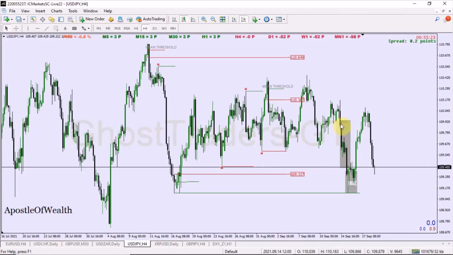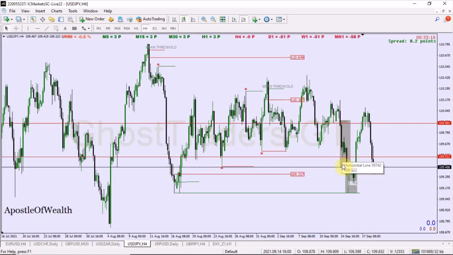So one thing I will say, your first take profit is supposed to be here and here. Why? Because here we have a previous market structure. It seems as if our price was actually failing to push down just like that.